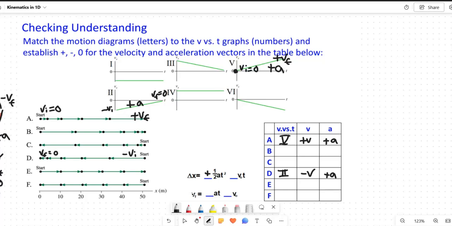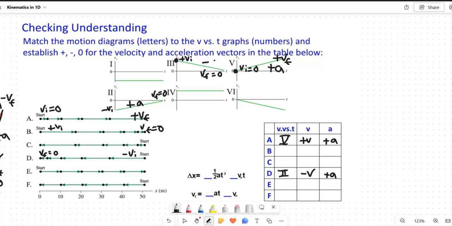Let's try another one. Let's try this one. Let's start off with B. B has a positive initial velocity, and its final velocity is equal to 0. All right. So it's going to have a positive initial velocity, but the final velocity is going to be equal to 0.